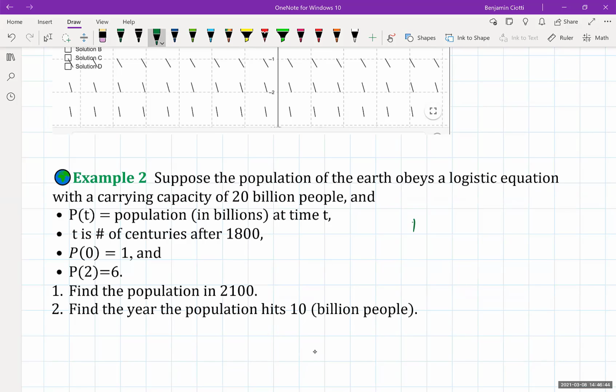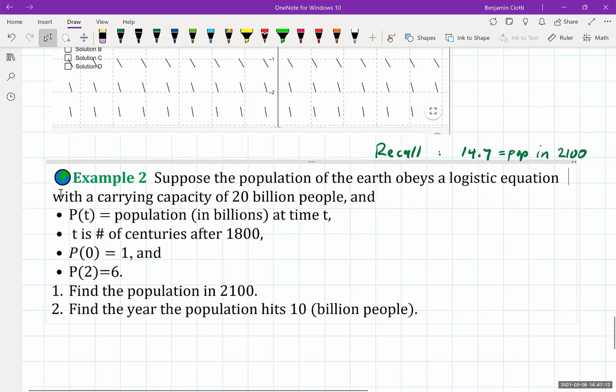And let me just remind you, with the exponential growth model, we found that 14.7 billion was going to be the population in the year 2100. Well, now let's redo the calculation using the logistic growth model. So that's example 2 here. It's the same setup, but just use the logistic model instead of the exponential one.